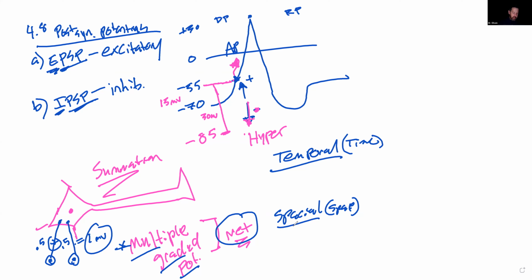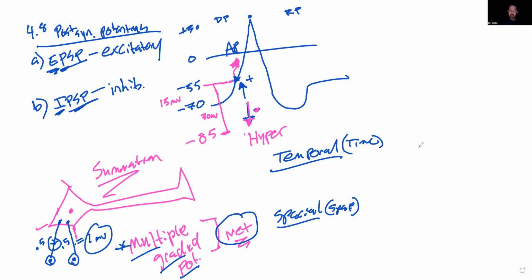So let's define temporal summation. A temporal summation is a series of small graded potentials that individually do not generate threshold potential, but due to a rapid rate of firing, the sum of the individual firing generates a greater depolarization. Okay, so what do I mean by that?